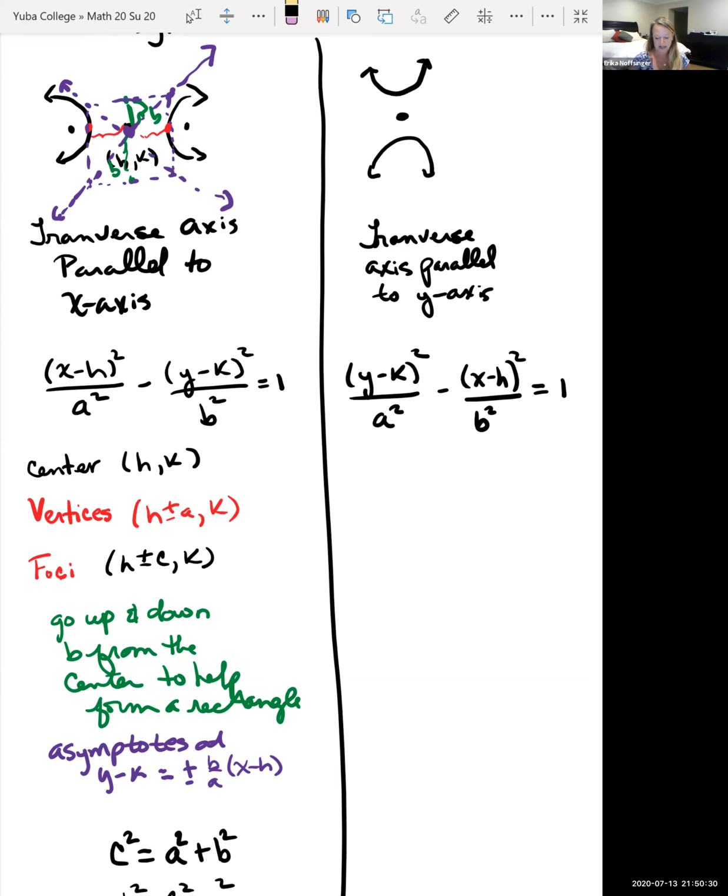So center, again, is at h, k. Be careful here because h is always with the x value, k is always with the y value. We kind of talked about this when we were doing the parabolas.